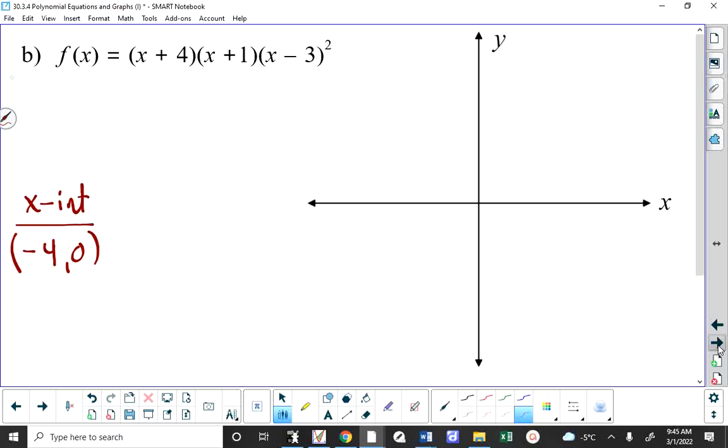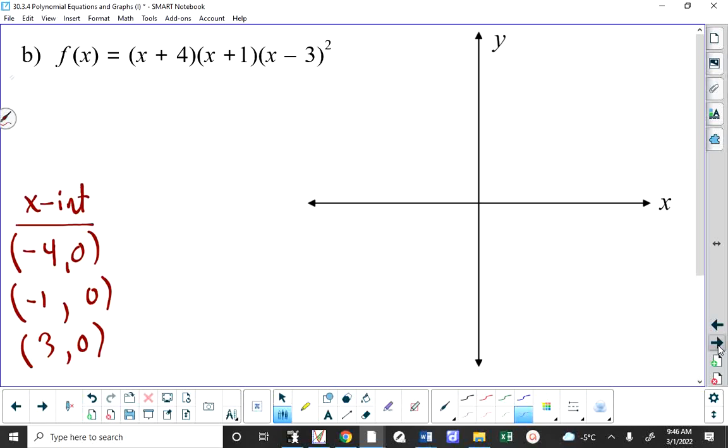We're going to have another x-intercept at negative 1, and we're going to have a third x-intercept at 3. So I hope everybody is okay with connecting those x-intercepts with those 3 factors. And I hope everybody understands why this is different. Because this is a degree 4 polynomial, everybody. But it only has 3 x-intercepts.